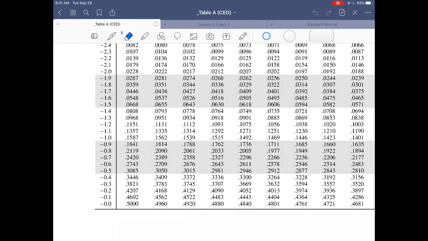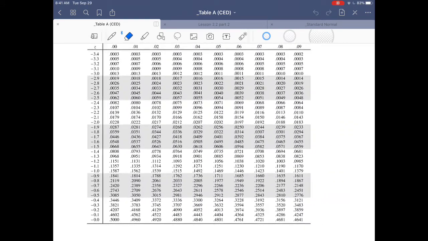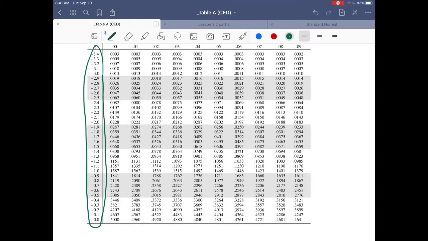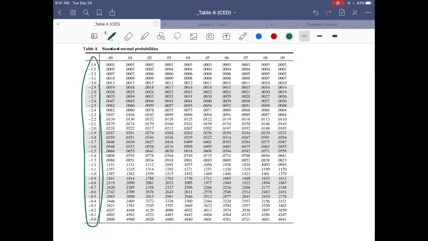Here on your left-hand side are z-values, and so that is z-values up to 1/10. And then what the columns represent is z rounded to hundredths.